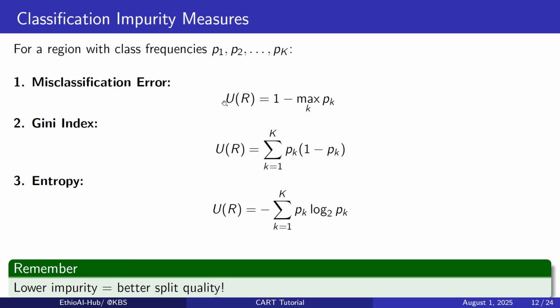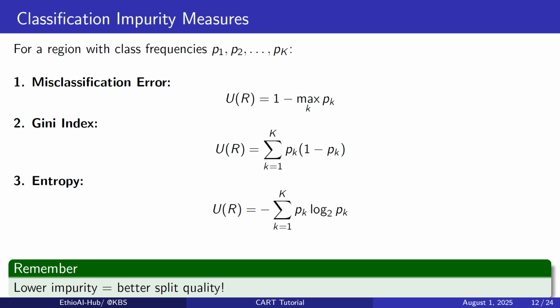For example, take a group of 120 with 100 males and 20 females. We would like to know the misclassification error, basically the proportion.